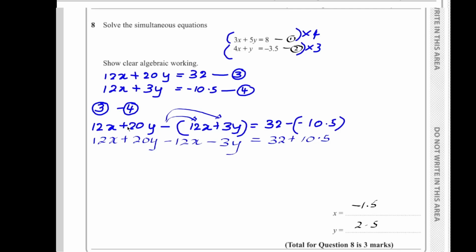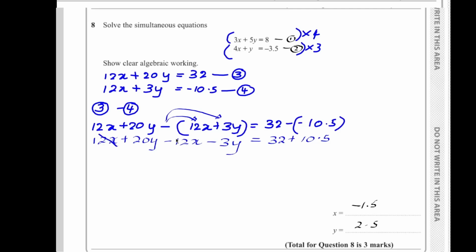That's why I'm asking you to write them horizontally rather than subtracting vertically. Sometimes you ignore this negative sign and straight away write 32 minus 10.5 as the answer. Therefore, whenever you are subtracting horizontally, please put minus, after that write brackets. Then you won't miss out anything.